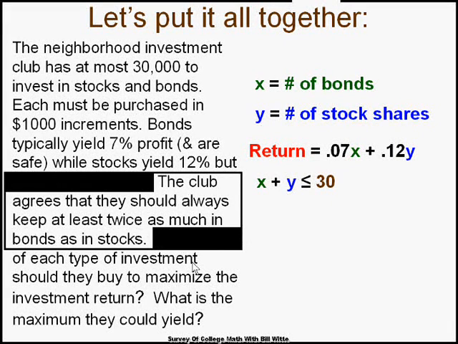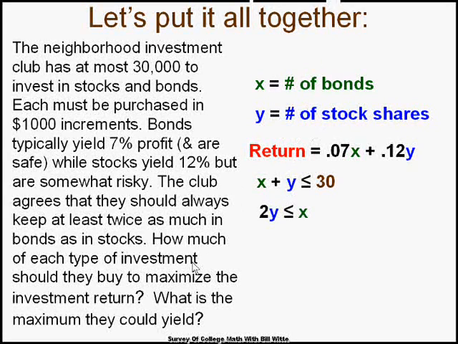Now they also have agreed that they have to keep at least twice as much in bonds as in stock. So twice the stock has got to be smaller than or equal to the bonds. Got the idea? Or you could read it backwards and say the bonds have to be more than twice the stock. That way they're not getting too risky with their investments.